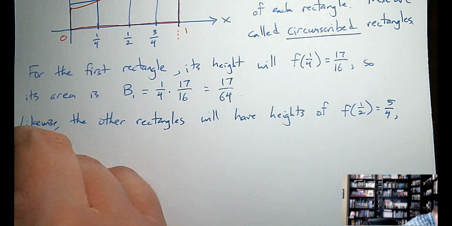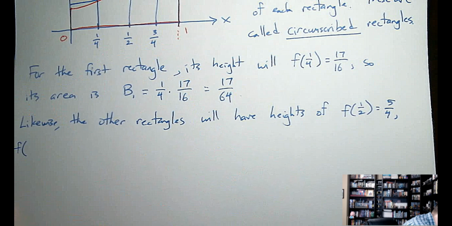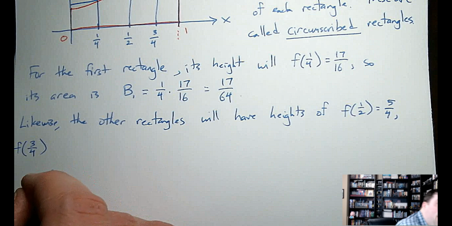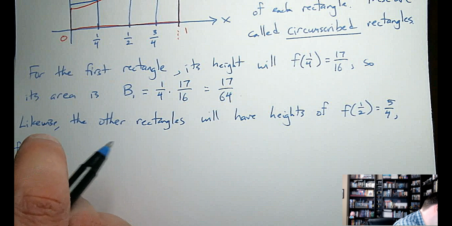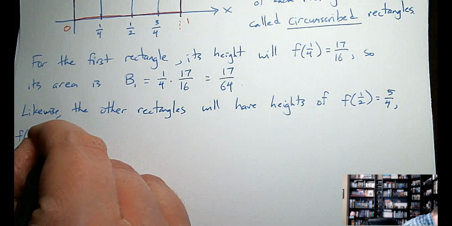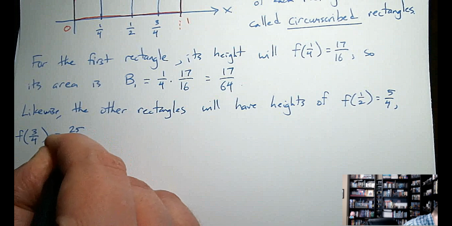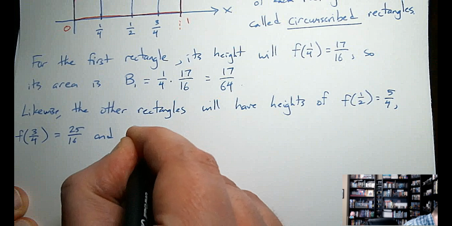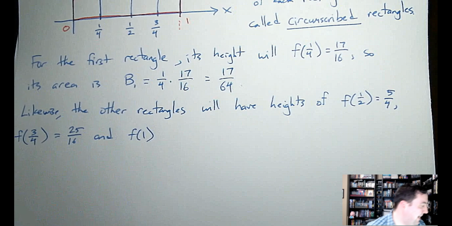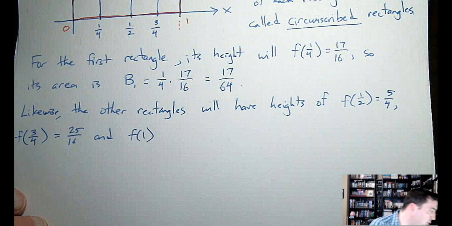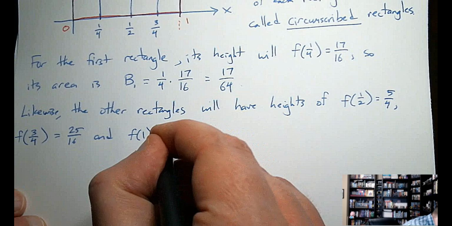The third rectangle goes up to x equals 3/4. So its height will be f of 3/4, which we've already worked out earlier, right at the top of this video. That's 25 over 16. And then the last rectangle, through this method, its height will be the value of the function when x is 1. f of 1 is just 1 squared plus 1, which is 2.